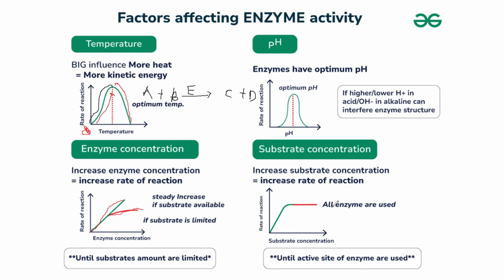But if you now reach a point where all the active sites of the enzymes are used up, and some substrate remains free, with no available active sites to bind, it will reach a saturation state. That is where we have this parabolic shaped graph. So you see here, as you increase the substrate concentration, the rate of the reaction increases. But if all the active sites of the enzymes available are saturated with the substrates, what will happen?